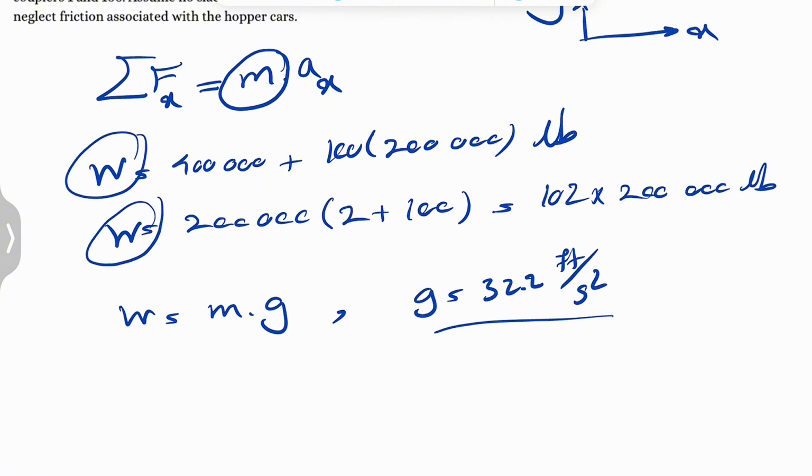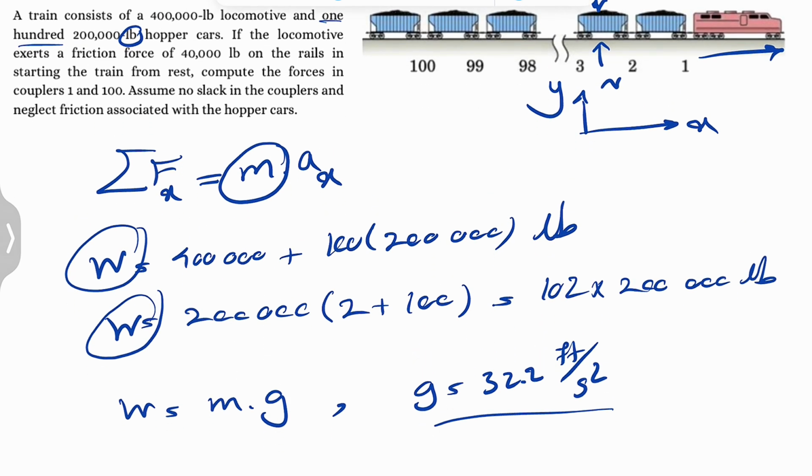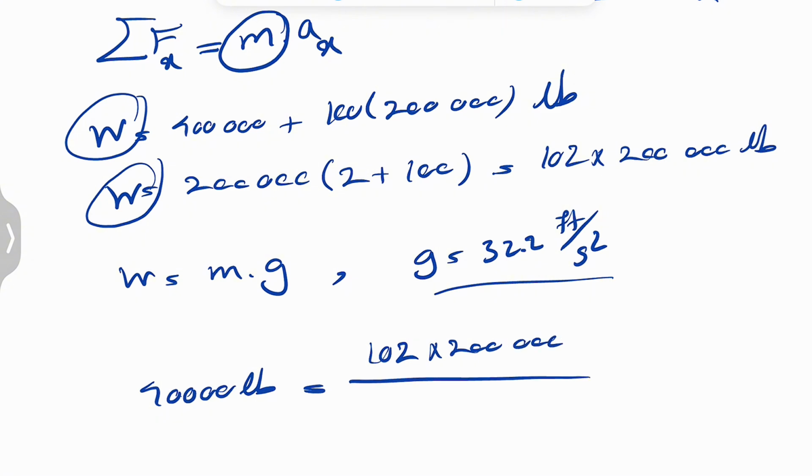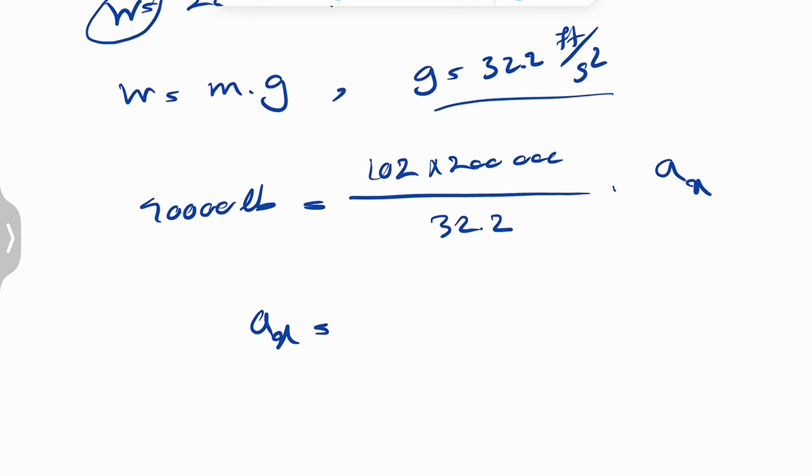This is actually a very common mistake that I see from students. Pound is a unit of weight. So the friction force that is going to move the train to the right is going to be 40,000 pounds. That's the only force that we have, already in a force unit, and the mass is what we found from the weight, 102 times 200,000 divided by g, 32.2, times ax, and that's going to give us the acceleration.